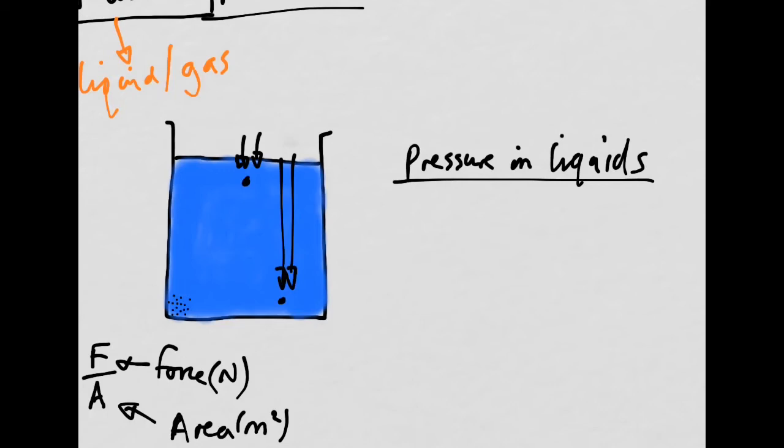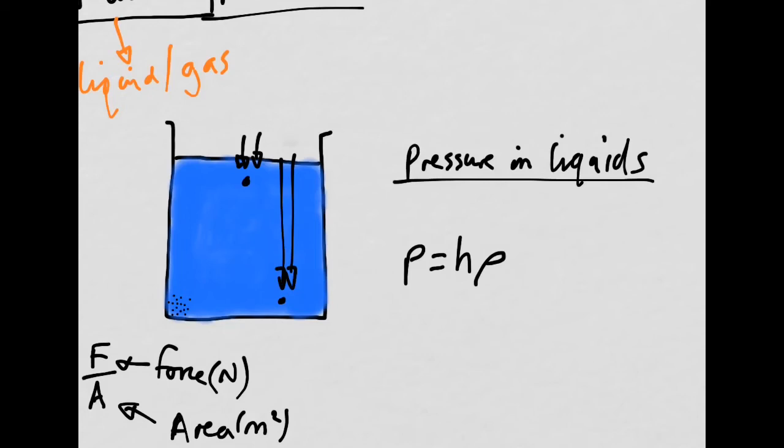So how then are we going to calculate the pressure at a certain depth in a liquid? You can use the equation P is equal to the height of the column of liquid above you. So if you were 2 meters deep in a swimming pool, you'd use 2 meters. If you were 20 meters deep in the ocean, you'd use 20, multiplied by the Greek letter rho, which we use to represent density.